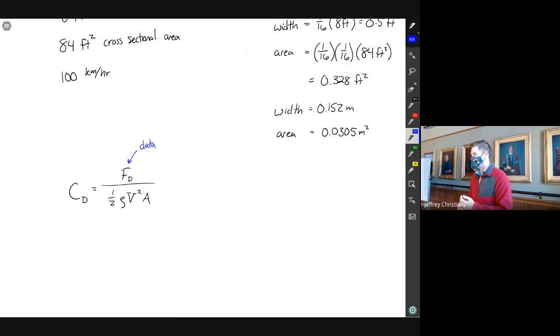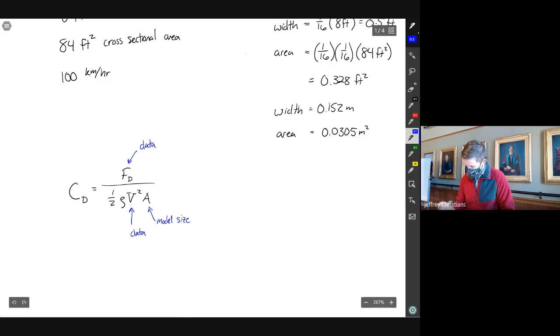Right? We put a little force sensor in, we measured the drag, we measured the force on our model. We measured the wind speed, so we measured V. This is our model size, or our model cross-section area, or our real bus cross-sectional area. So we know that from the size of the object.